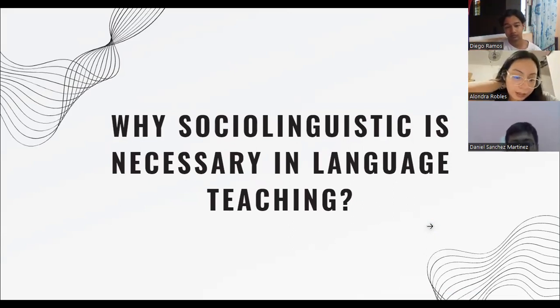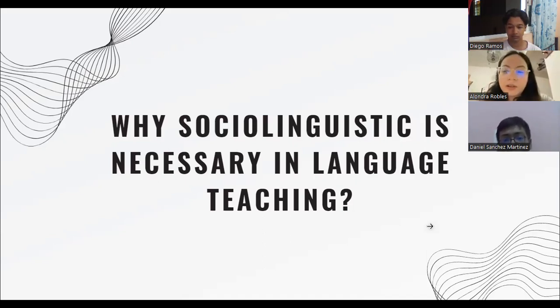It's in the beginning of the first text that it says that sociolinguistics has become a very important role of language, not just as a means of communication, but also a creator of social identity. So the language is an identity. My identity is Spanish and a lot of things, but my language is one of them.